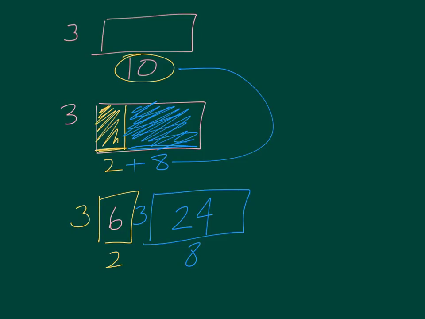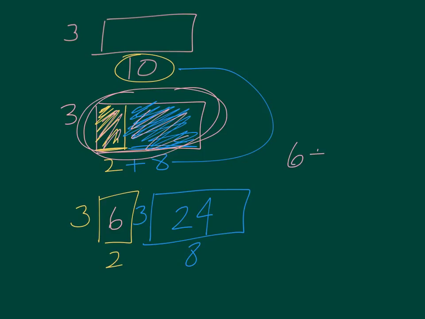So what am I going to do to find the entire rectangle? I'm going to add the area of the yellow plus the area of the blue, so 6 plus 24, which equals 30. What I did was, I distributed the 3 to the 2, and I distributed the 3 to the 8. Okay, let me show you with numbers.